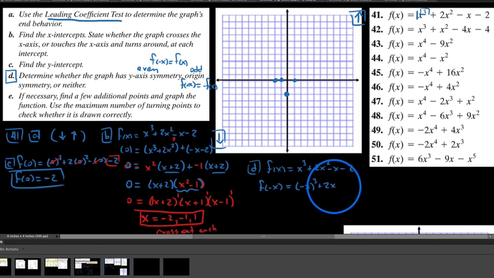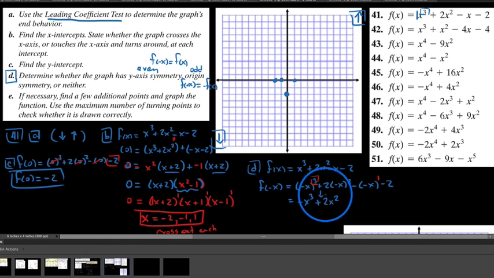Now, what I want you to understand is that we can do this without showing our work. We can do this just by mathematical reasoning, and that reasoning is this. Anything with an odd exponent, when we raise a negative base to an odd exponent, you're actually going to get a negative thing. So here I would get -x³, whereas here I would square my -x first, which would make this a +x². So in other words, I get a +2x².